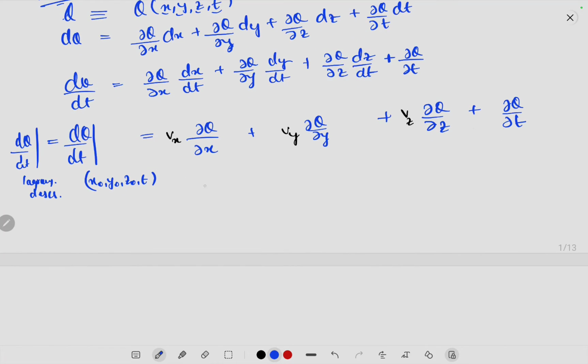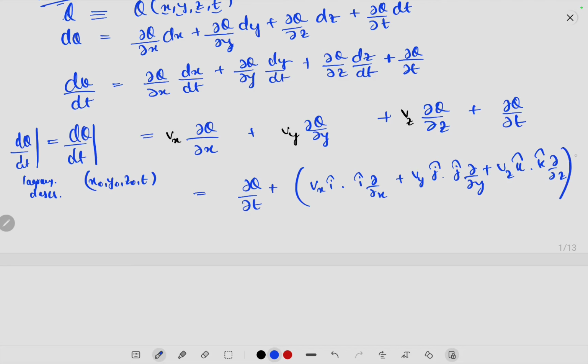Alright. So bringing del q by del t in front, it will be written as del q by del t plus Vx i hat dot i hat del by del x plus Vy j hat dot j hat del by del y plus Vz k hat dot k hat del by del z, and take q outside.